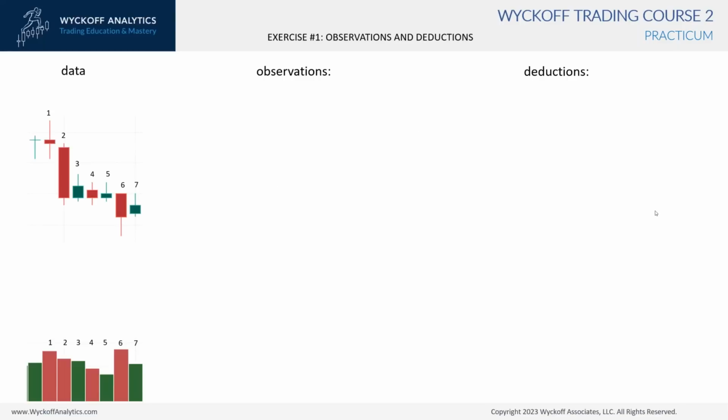So with that, I want to introduce exercise number 1 on observations and deductions. Your goal here is to look at the data. I have 7 bars here, actually 8, but we're going to start with bars 1 to 7. I have the price bars and also the volume bars. I'm going to give you about 30 seconds to think this through, go through all 7 bars, and start making some observations.